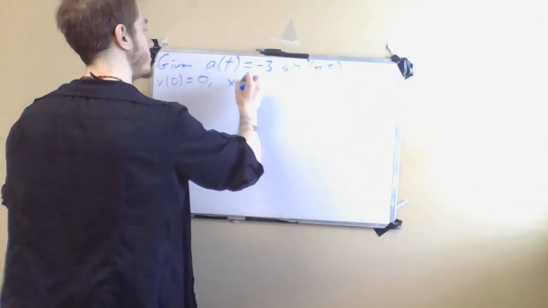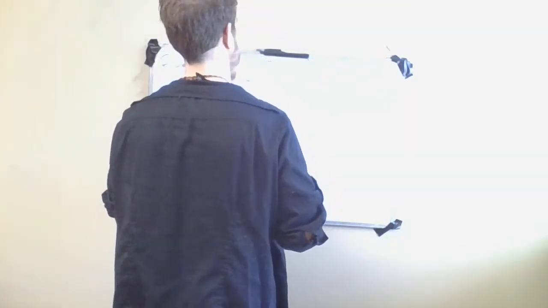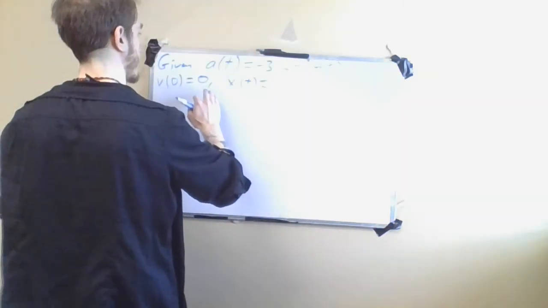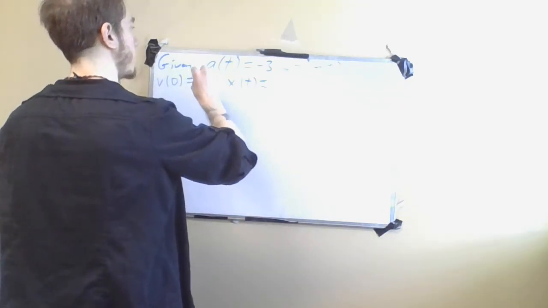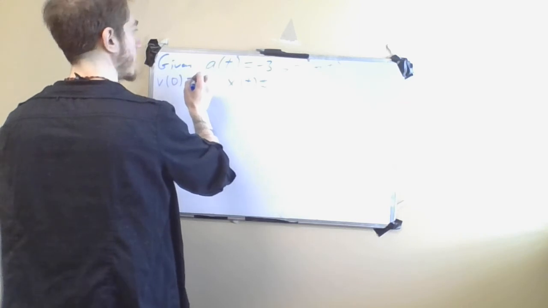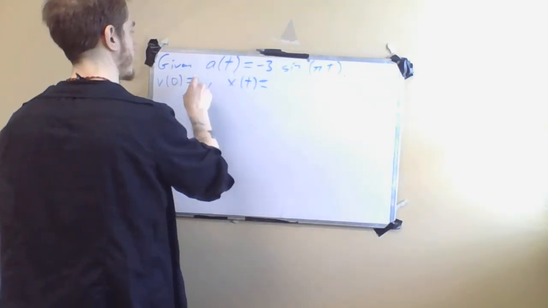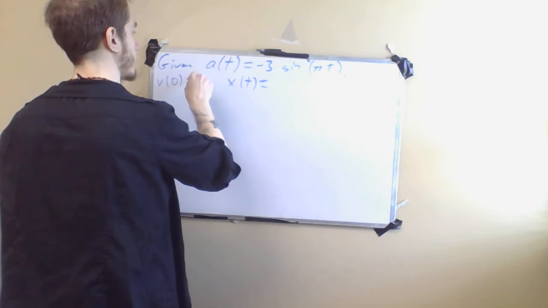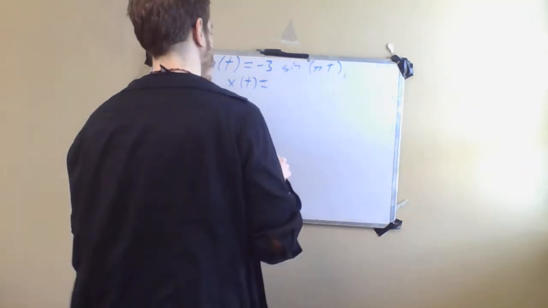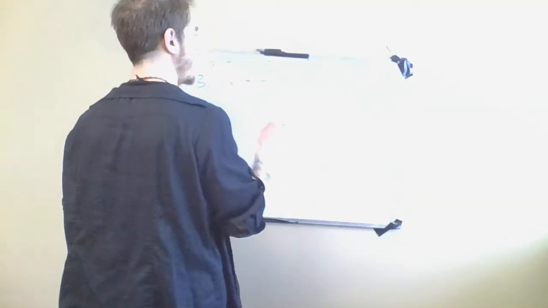And we are also given that the velocity at t equals 0 is equal to 3, and then we will say that the position at t equals 0 is equal to 0.